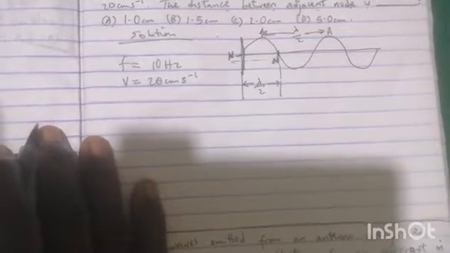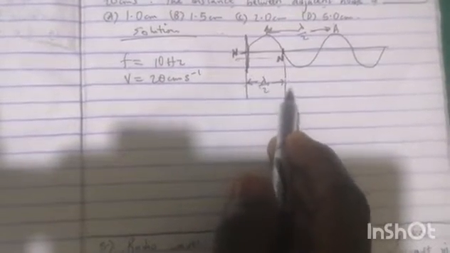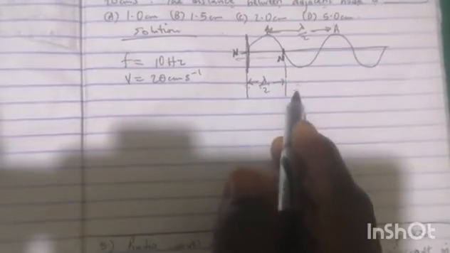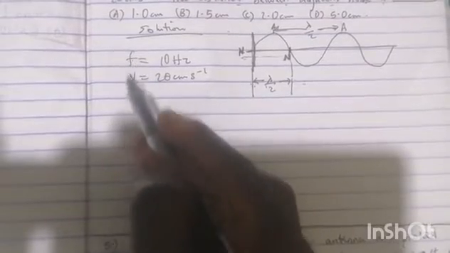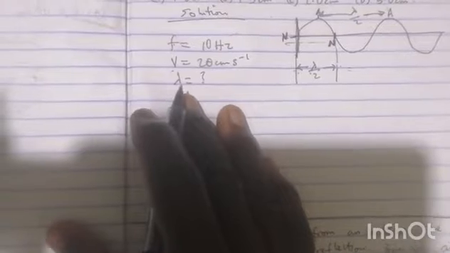What they're asking is half of the wavelength, which is the distance between adjacent nodes. With the frequency and velocity given, we can find the wavelength and then divide it by 2.